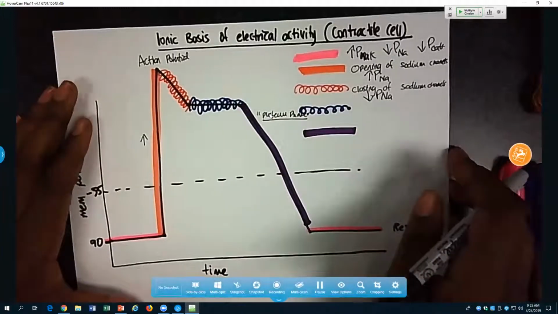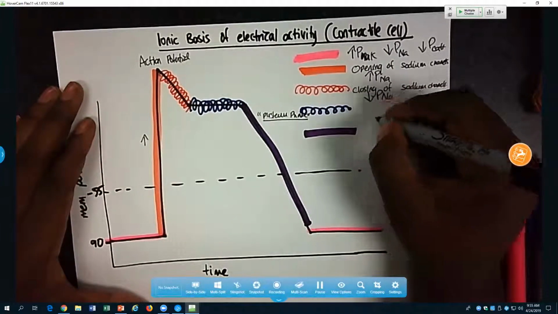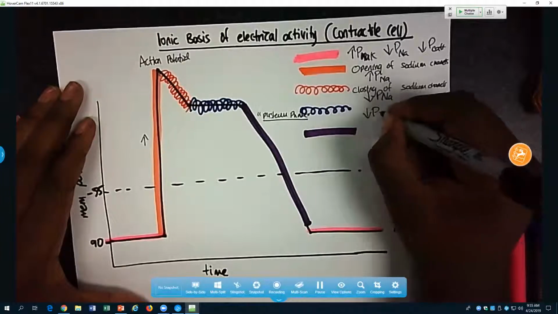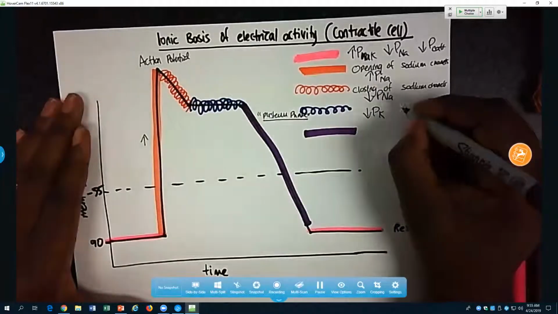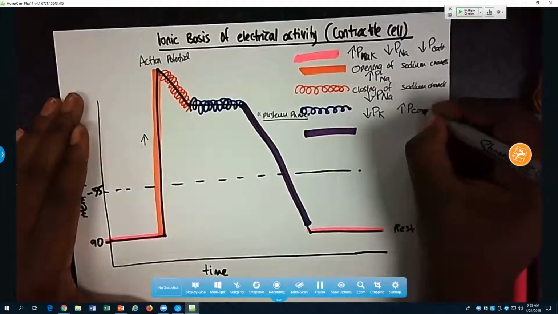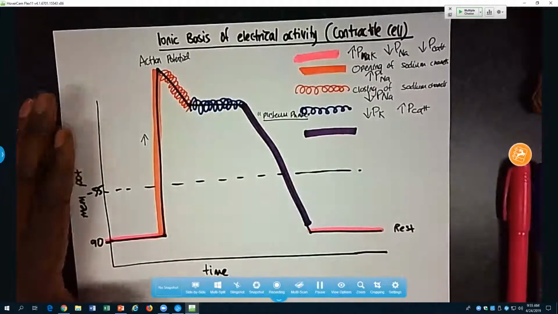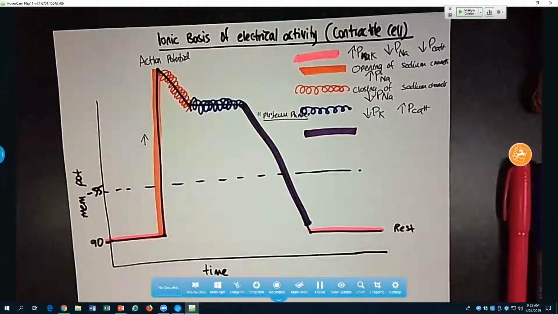What happens in the plateau phase is that we decrease the membrane permeability to potassium. So we close those potassium channels to stop the membrane from repolarizing. And then we open up some calcium channels. This is going to allow calcium to come in, interact with actin and myosin, and allow that muscle to contract.